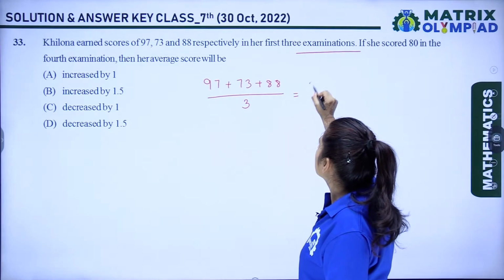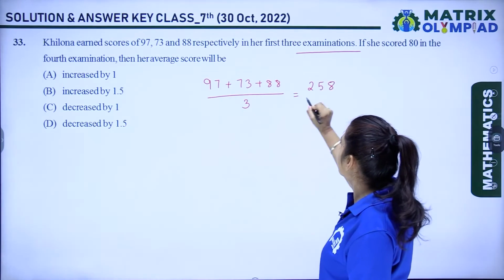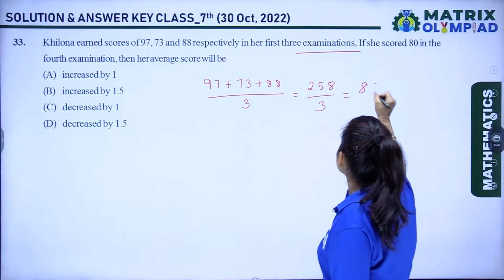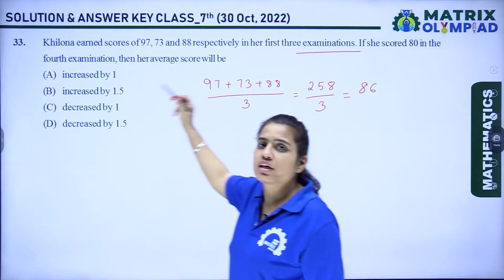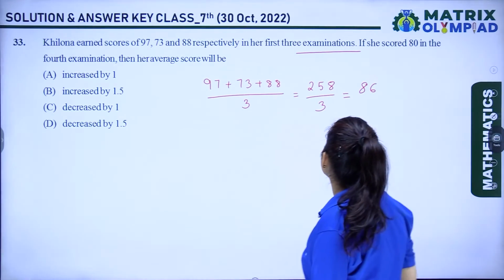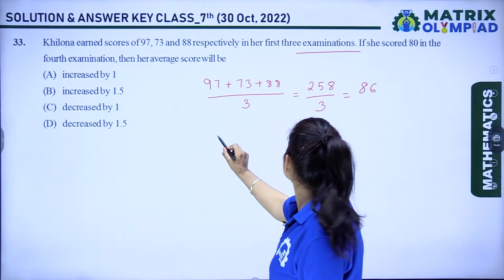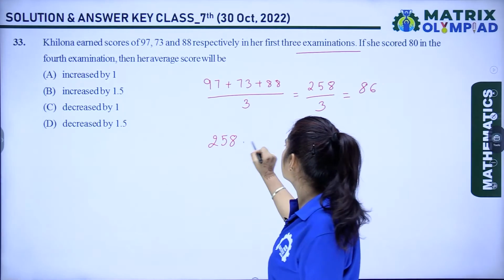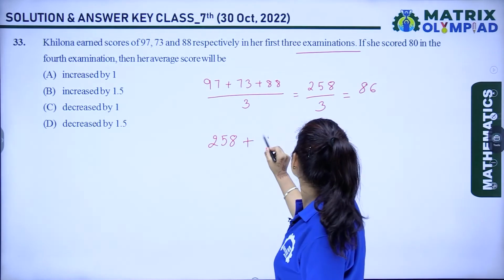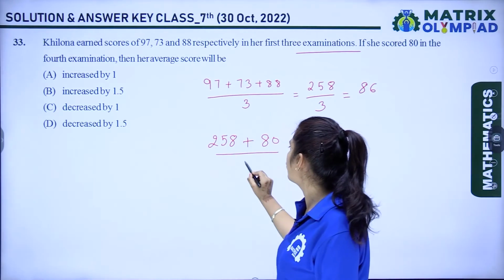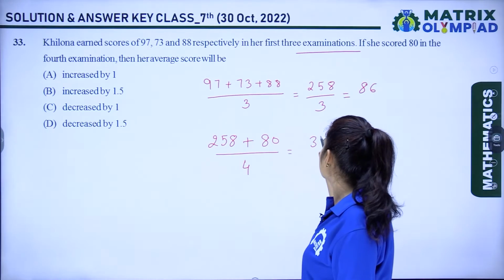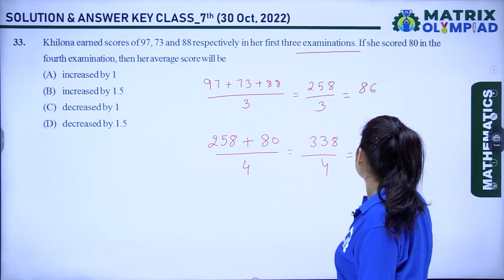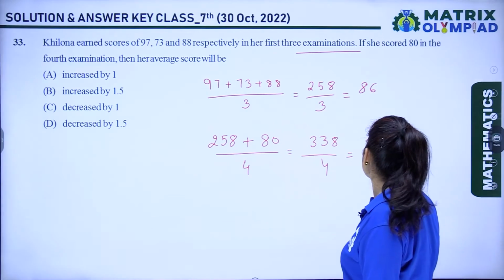Now the total is 258 divided by 3, which gives us 86. Now when she attempted the 4th examination, the score will be 258, the earlier score, plus 80 marks for the 4th exam. So we get 338 upon 4. Now the average is 84.5.